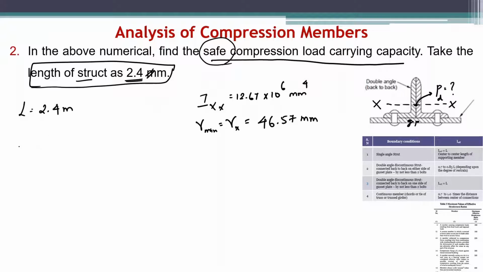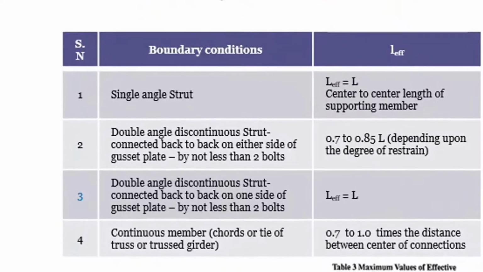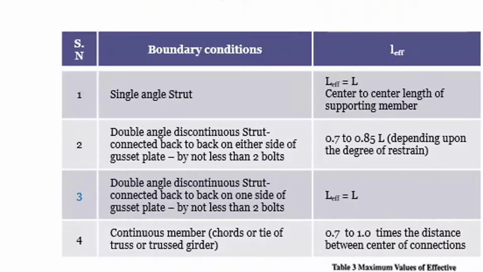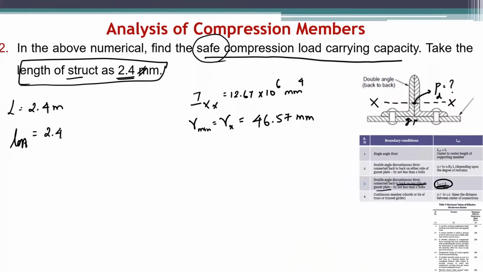First, we need to find out the effective length of the strut. For whatever compression member is given, you need to find the effective length. If you go back to the topic which we discussed in the previous lecture, the double angle discontinuous strut connected back to back on one side of the gusset plate, for that, L effective is equal to L. So effective length is the total length, 2.4 meter.